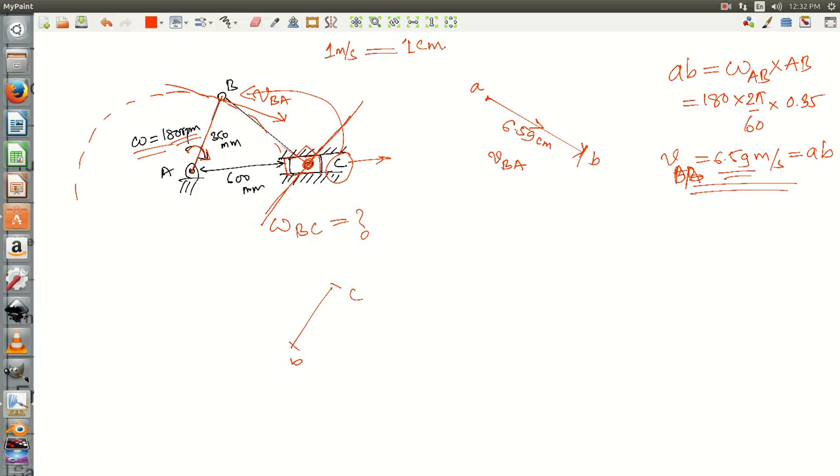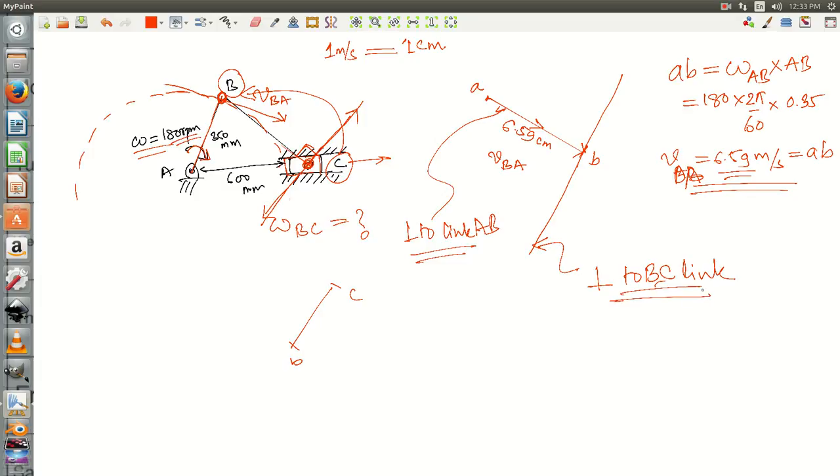Since this link BC has a rotating pair at point B and is a rigid body, point C can only have a perpendicular velocity along this direction. So from the point B we draw a perpendicular line. This line is perpendicular to link BC, and the earlier one is perpendicular to link AB. This is very important.